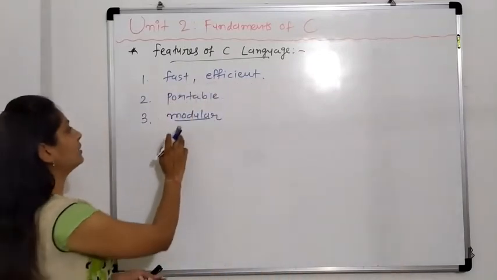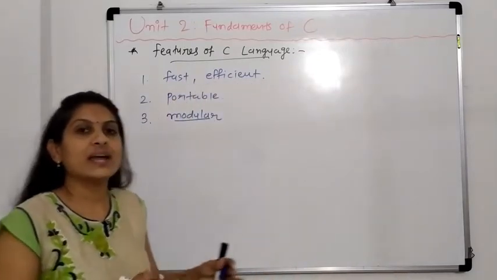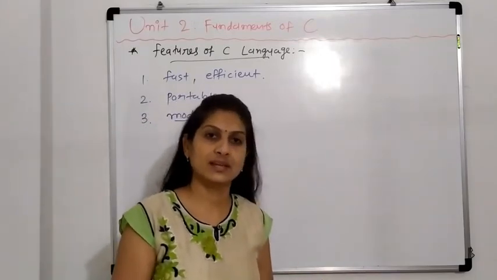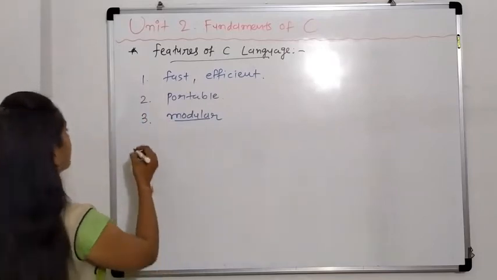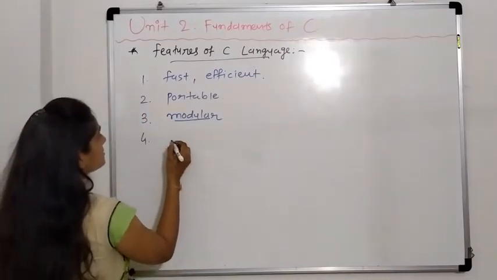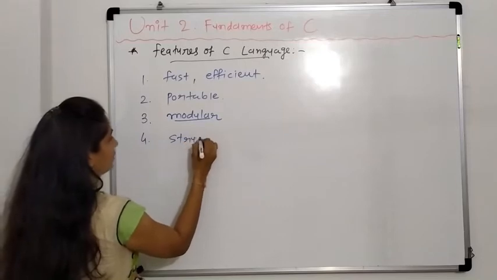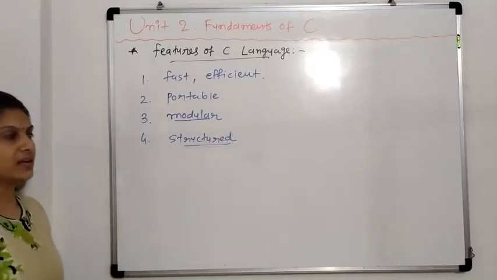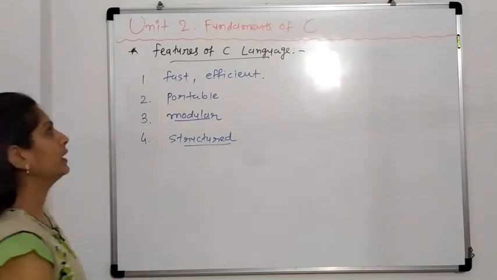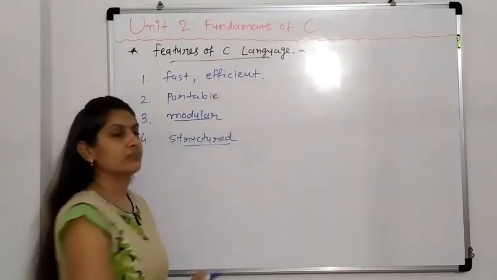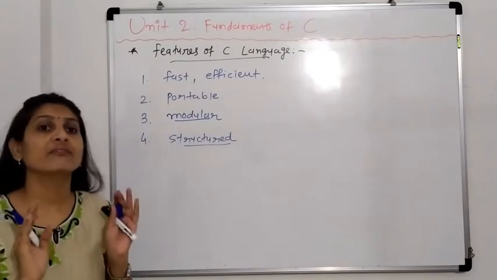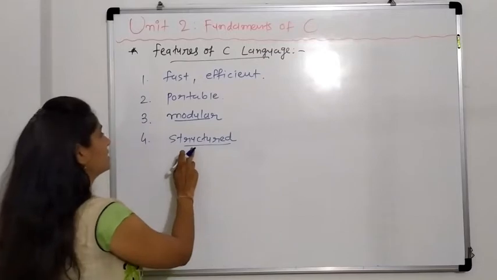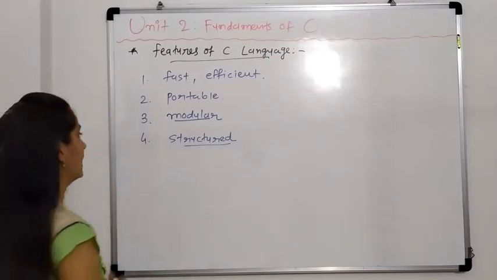So it is called modular, meaning divided into modules, and then we can also combine those modules in a single program. Fourth is it is a structured language. Why structured is our next topic, because the C language program has a fixed structure that we have to use. That's why it is called a structured language.